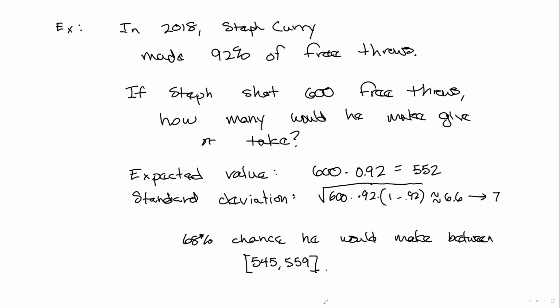So how many would he make, give or take? He'd make between 545 and 559, with give or take meaning that 68% of the time he's in that range.